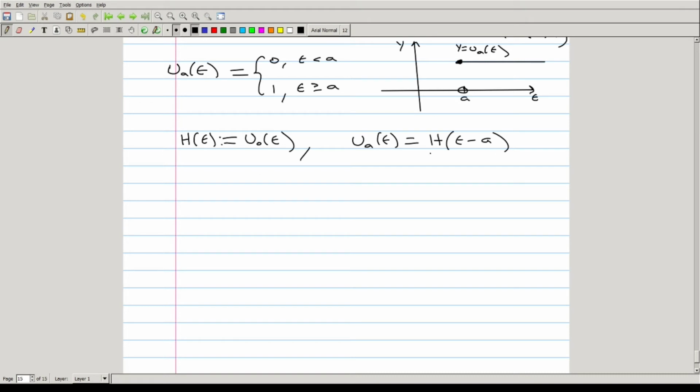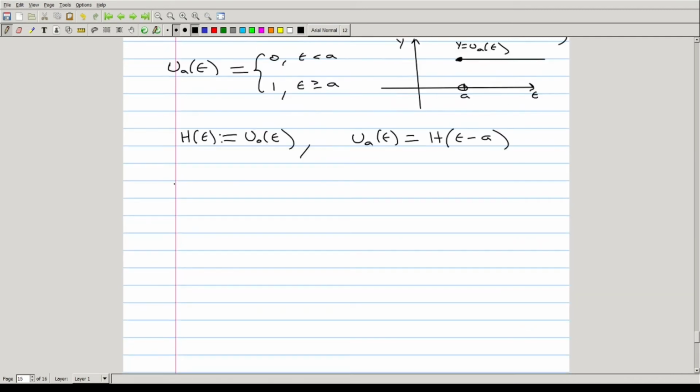So it's the Heaviside step function, or the unit step function, that jumps at 0 but shifted by a. And what's also interesting is that any piecewise defined function can be written involving these jump functions.